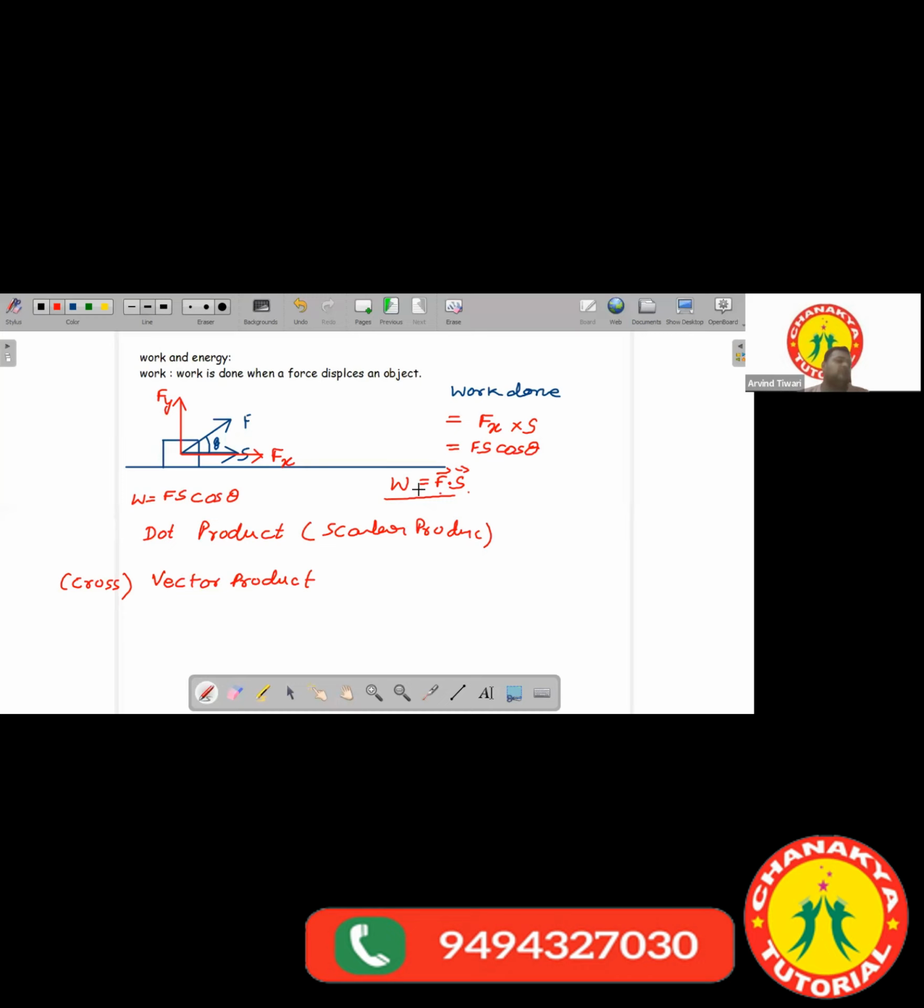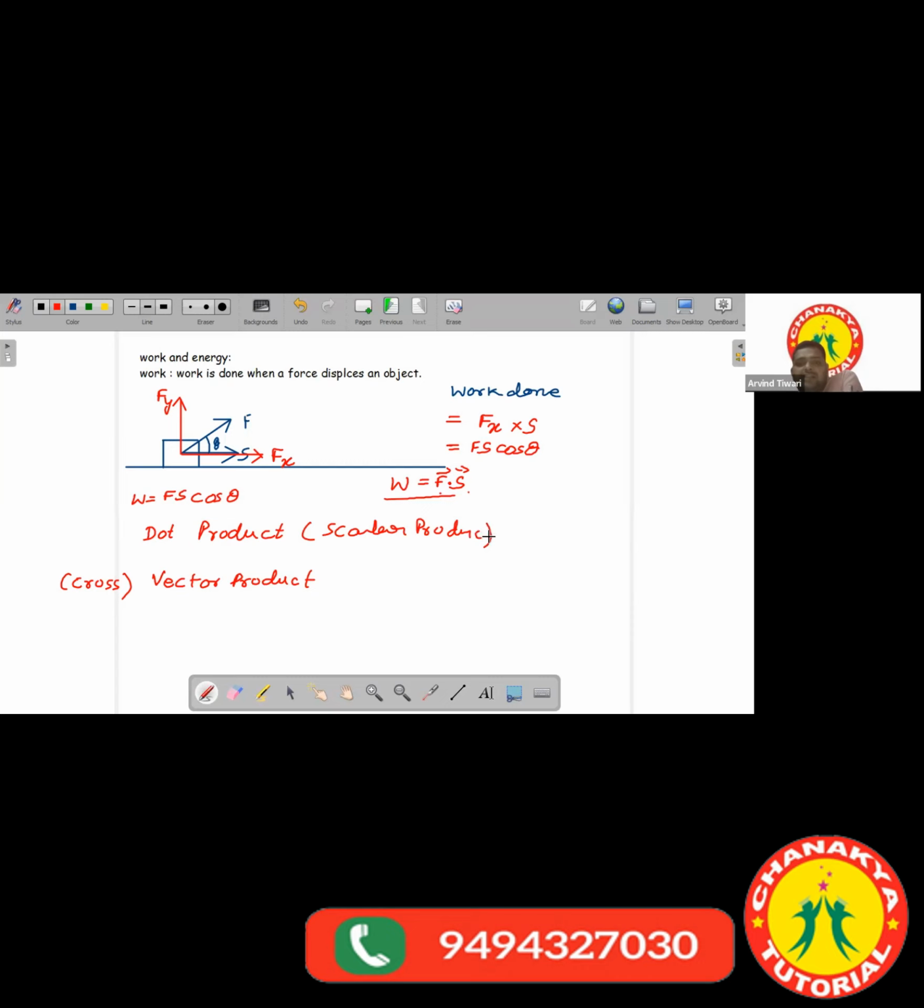So therefore, work done will be obtained by finding the dot product of the two vectors.